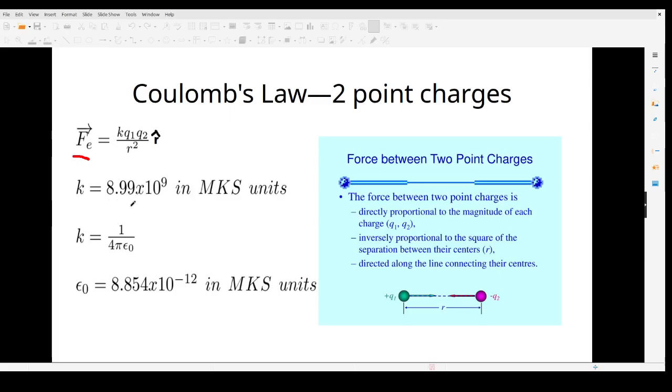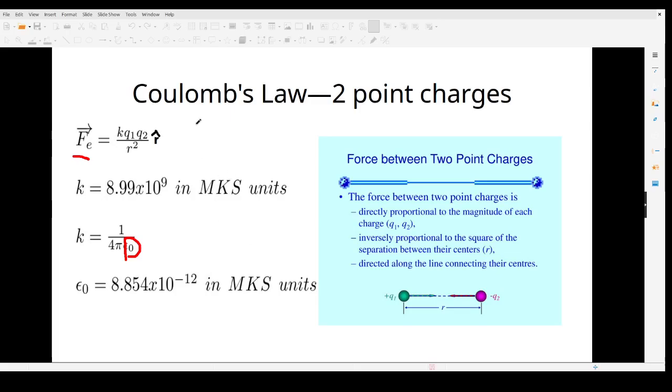K is 8.99 times 10 to the 9 in MKS units, and it comes from another constant, the permittivity of free space, which is 8.854 times 10 to the negative 12 in MKS units.